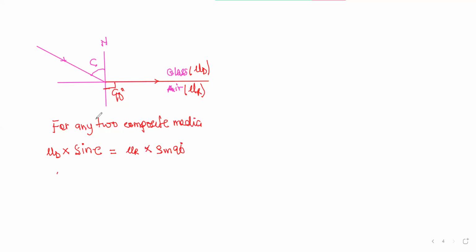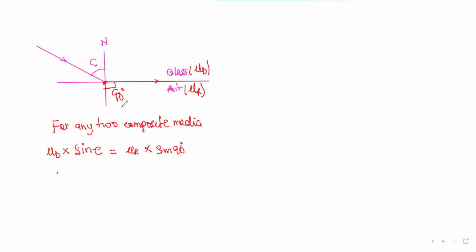Our angle of incidence is the critical angle, so sine C. The angle of incidence in the more dense medium is the critical angle because, as I told you, that's a requirement. And when this requirement is attained, the angle of refraction is 90. So that is why we have here sine C and sine 90. Class, are you okay? Are we fine?